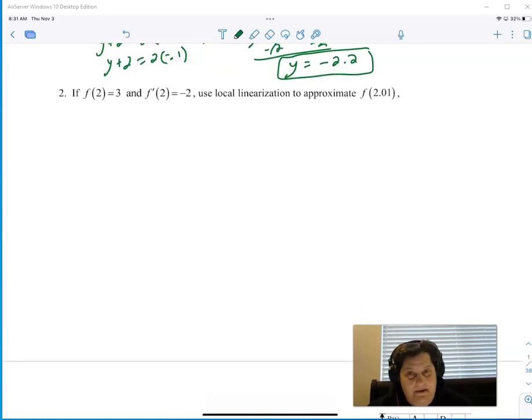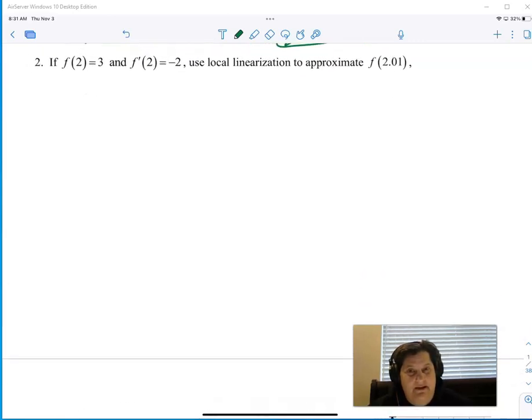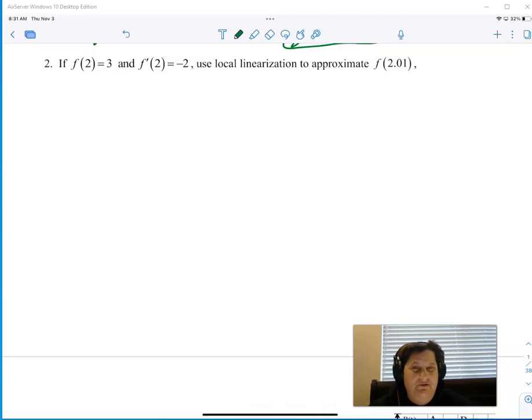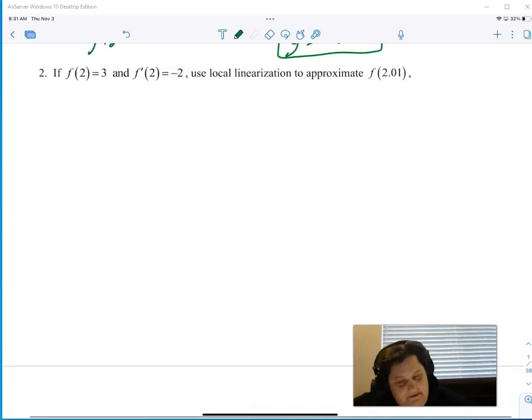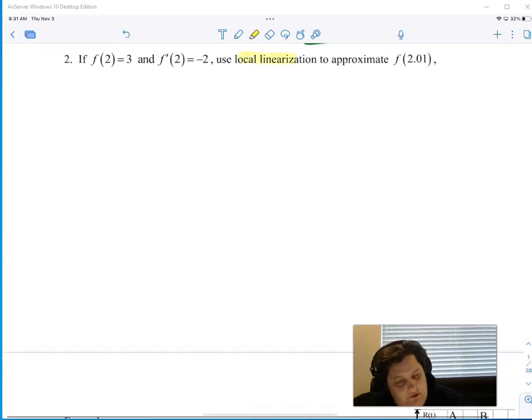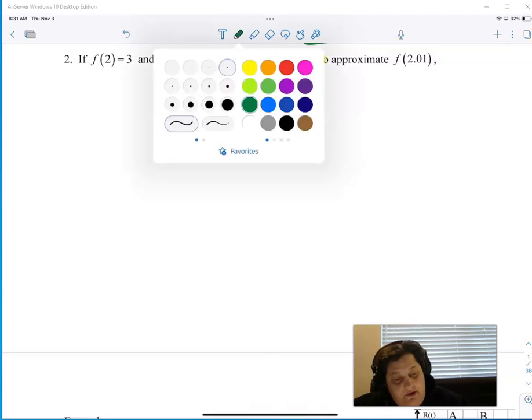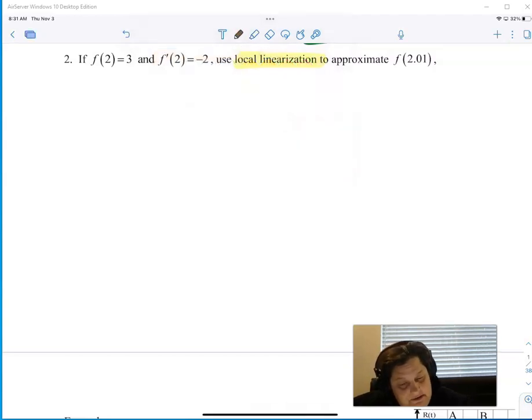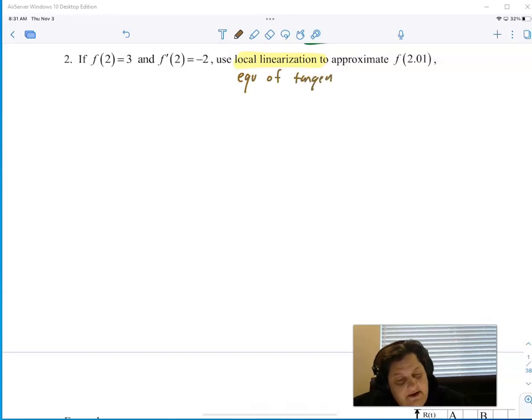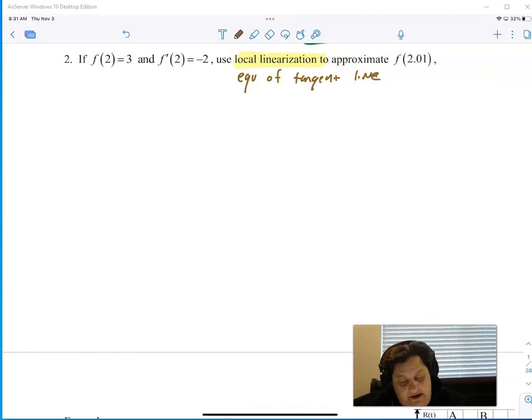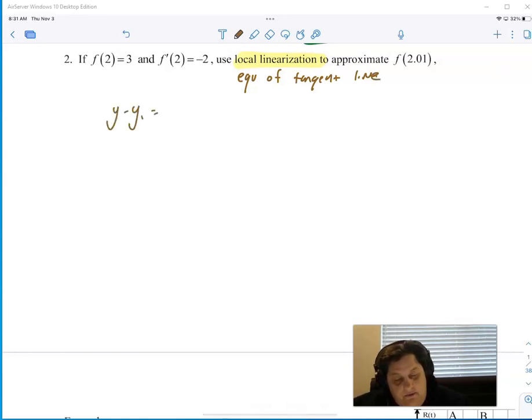Now let's look at number 2. This gives me really no information. It just gives me some points. But as soon as I see local linearization, I'm going to remember that means equation of the tangent line. And for the equation of the tangent line, I write y minus y1 equals m times x minus x1.